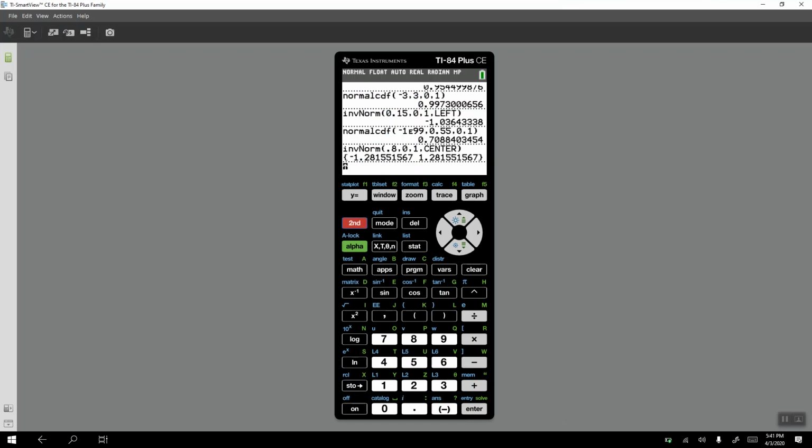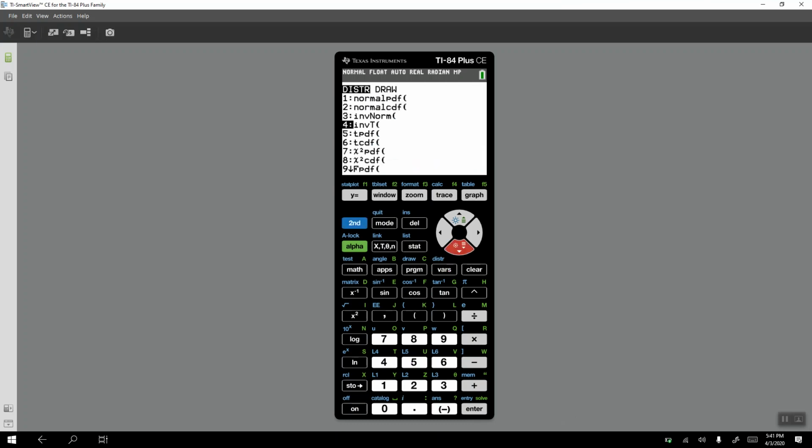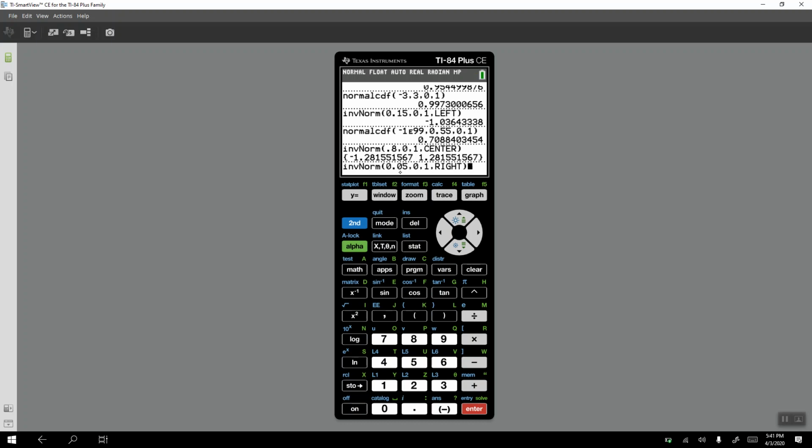All right, we're here at the TI. Do inverse norm. The area was 0.05. The area was to the right. Let's paste. There we are, 0.05, 0, 1, right, enter.